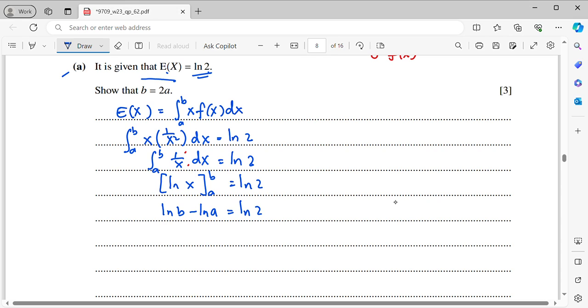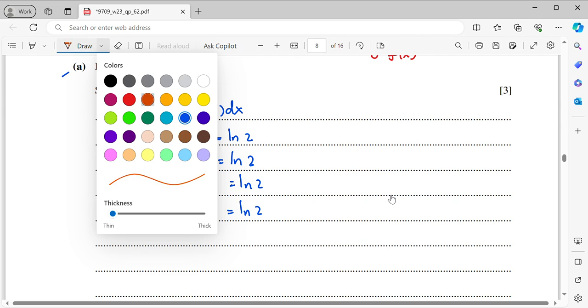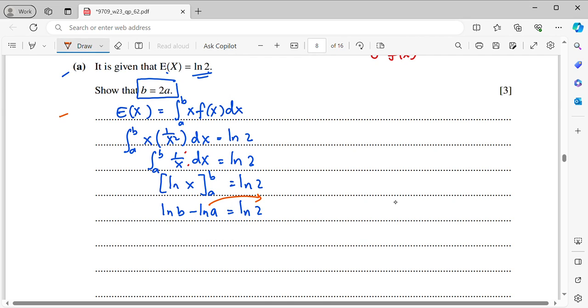And now we need to show b equals 2a. So I will just move the ln a to the other side because I want to get the b as the subject. So here is going to be ln b equals ln 2 plus ln a. And now we have a formula, ln a plus ln b is the same as ln of ab.